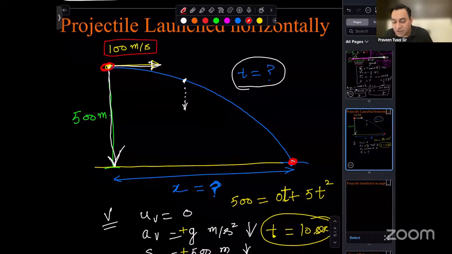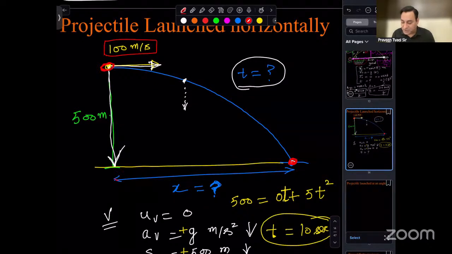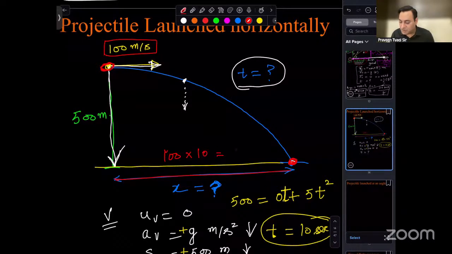Was the horizontal velocity 100 meter per second constant or not? Because there is no acceleration in horizontal direction. Therefore, the total horizontal displacement, which is x, will be horizontal speed 100 into time taken, which is 10 seconds. So this will be 1000 meters. So x is 1000 meters.